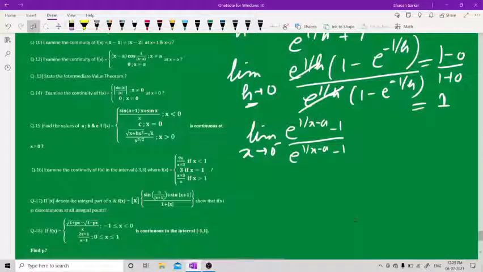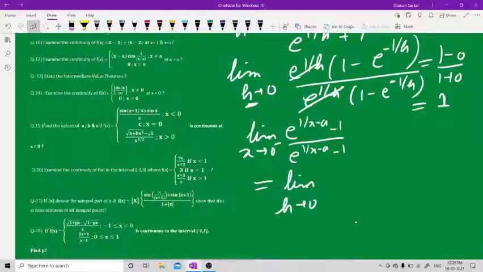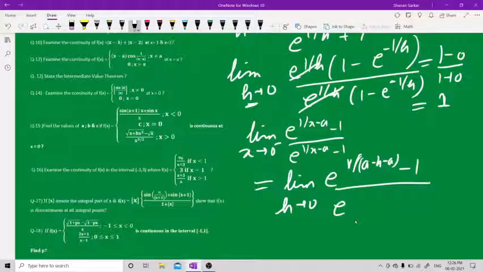See, now this will be limit h tending to 0, e to the power of 1 upon a minus h minus a, minus 1, and e to the power of 1 upon a minus h minus a, plus 1.